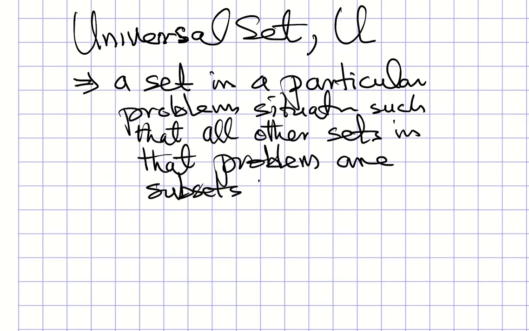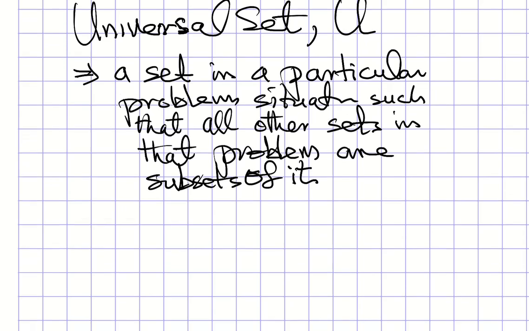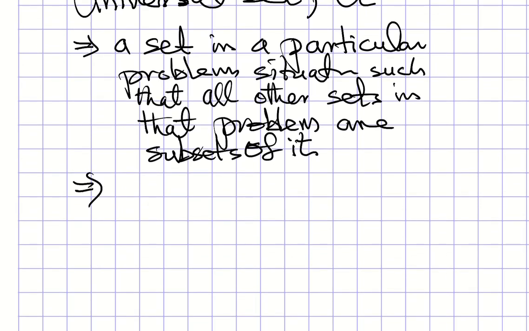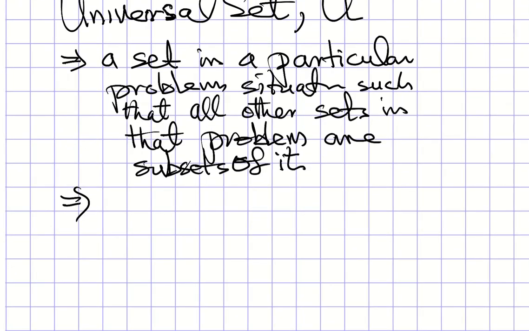A subset of the universal set. It's kind of tautological, right? So what he's saying is the universal set contains all other sets associated with that particular problem. It contains them as subsets. All the other sets are subsets of it. That's all he's saying. And like I said, it's denoted by U, the universal set.